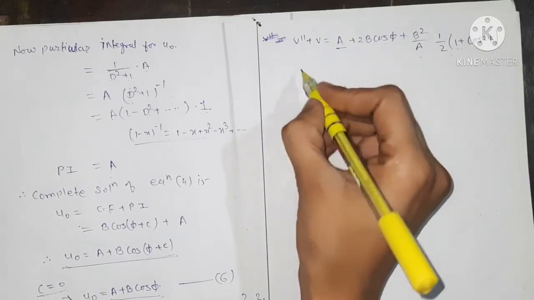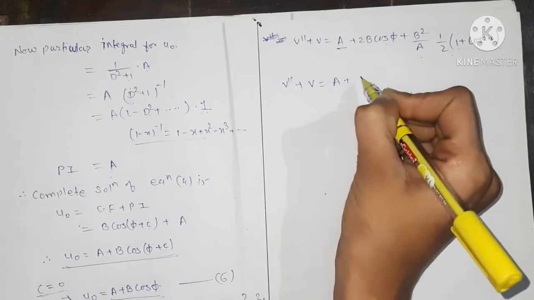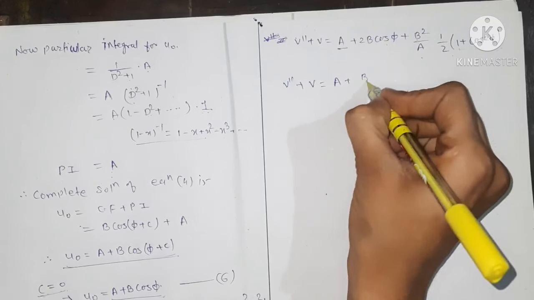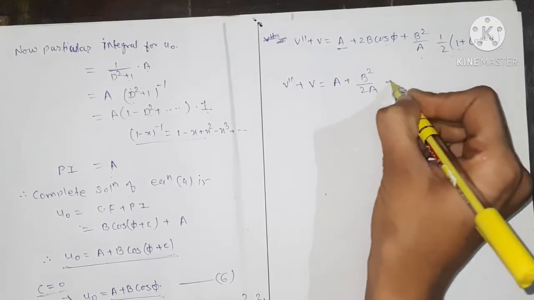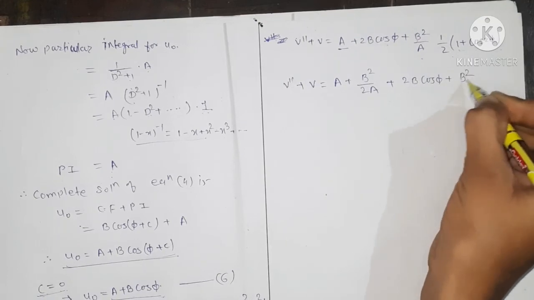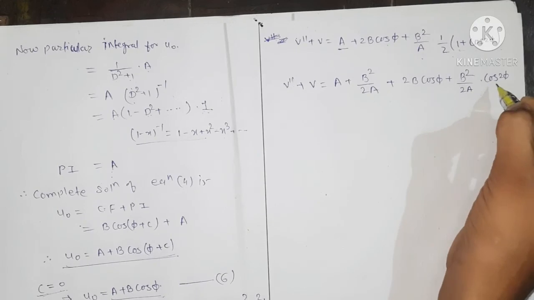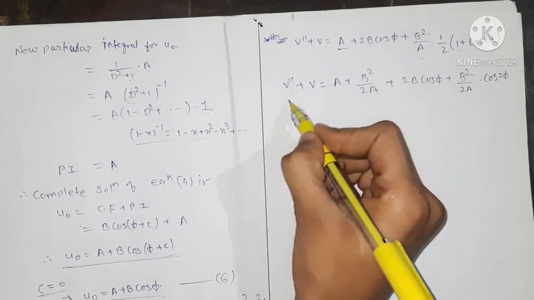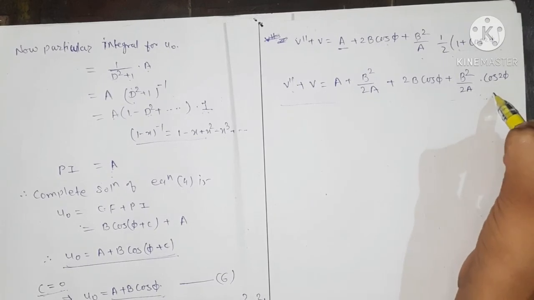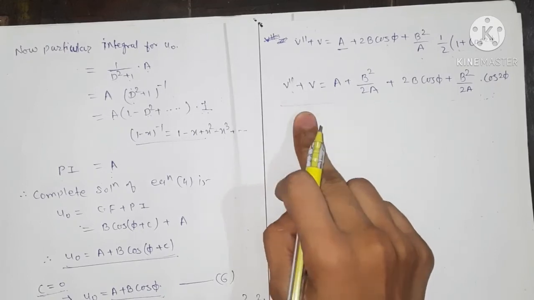So this is v double dash plus v equals a plus b square upon twice a, plus 2b cos phi, plus b square upon twice a into cos of 2 phi. Right. So this is our equation for v double dash plus v. We have simplified up to this. Now we find its particular integral directly. We are not finding the complementary function.